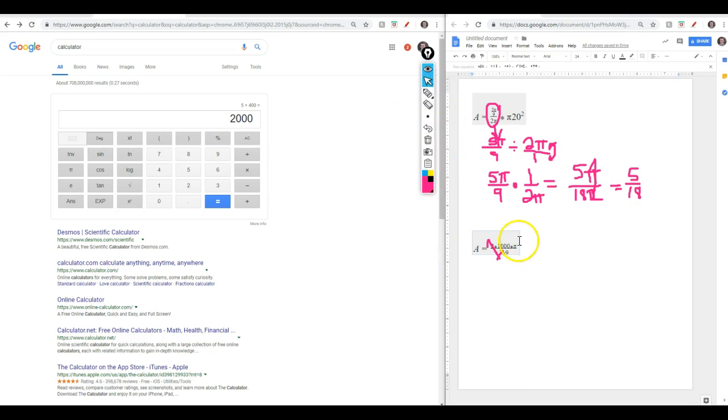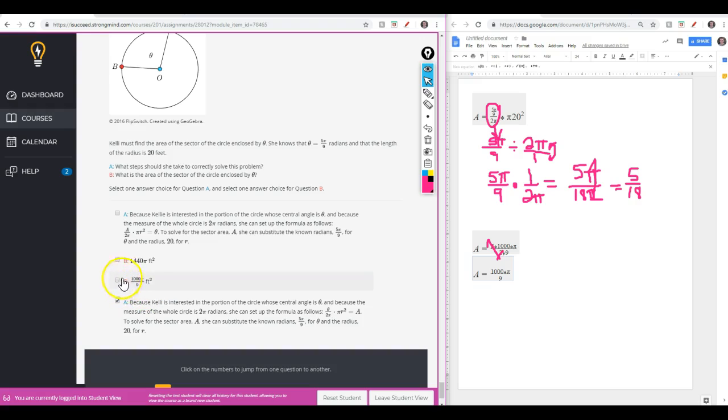So then I am just left with 1,000 times pi in the numerator and 9 in the denominator, and that did look like one of the answers. So we had 1,000 pi ninths, and that's how we would go about handling that.